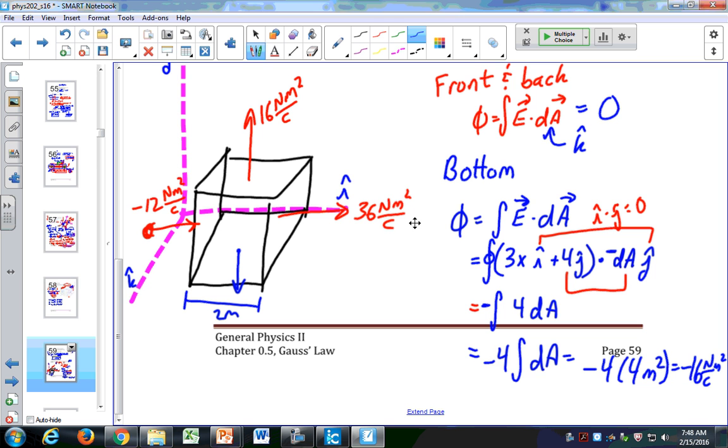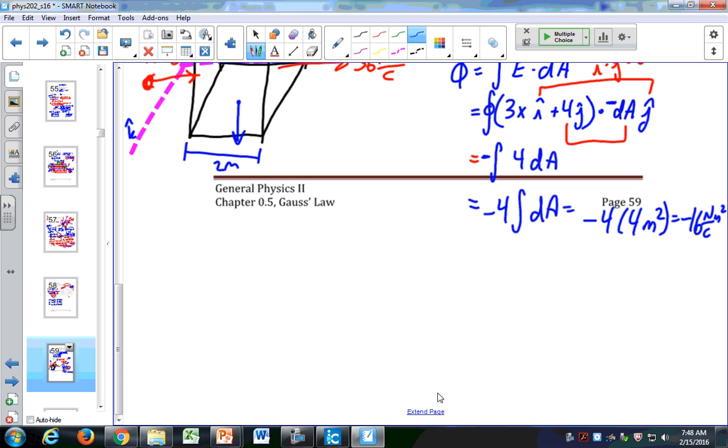Okay, so now we can figure out what the total flux is. We do that just by adding up all these values. So my total flux is the flux for the top, the flux for the bottom, the flux for the left, the flux for the right, and the flux for the front and back.